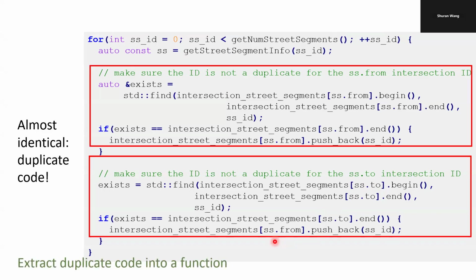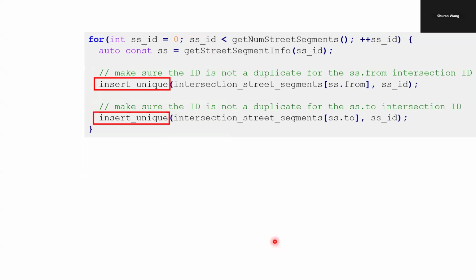So we can extract the duplicate code into a function. And this improves readability as well, because after we move that into a function, insert unique, we can see that we are doing something insert unique here for intersection 3 segments, ss.from, and on the SSID.